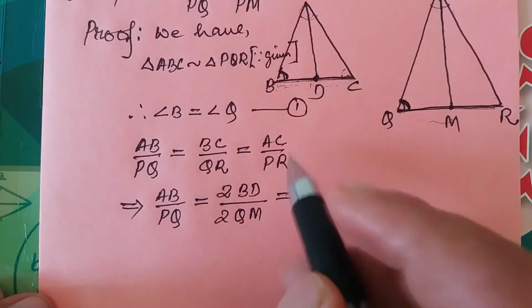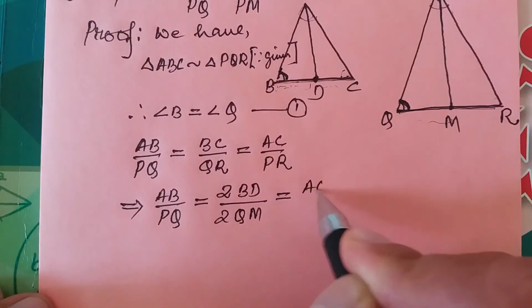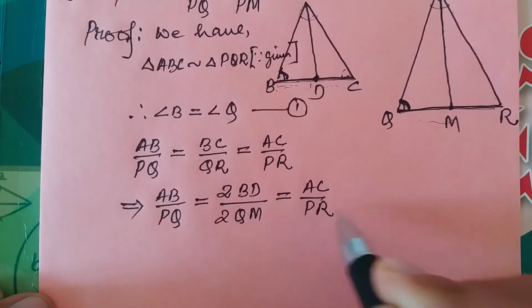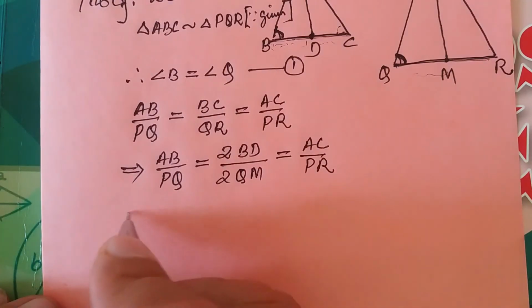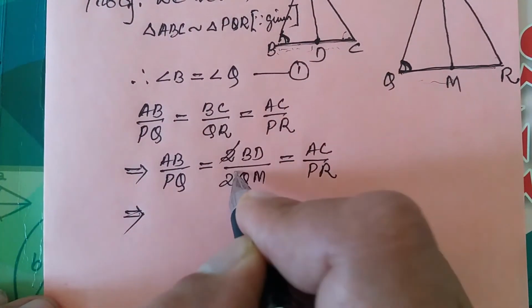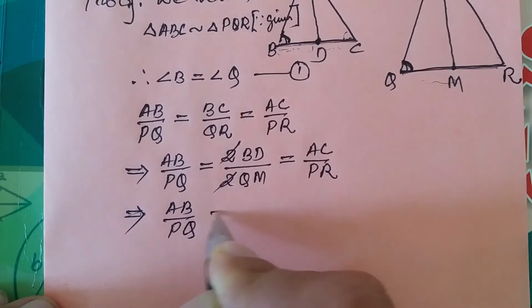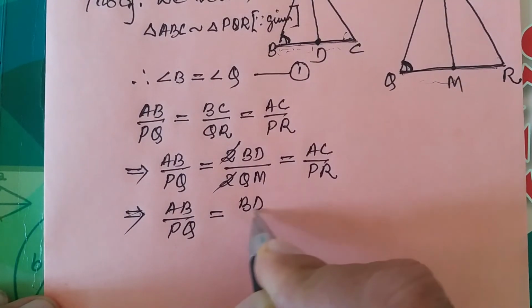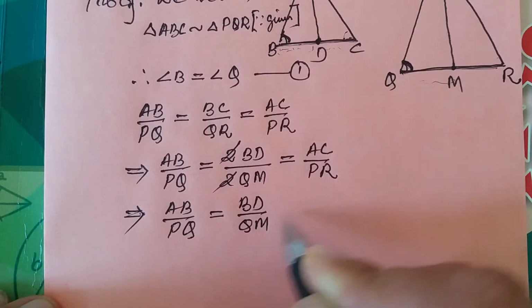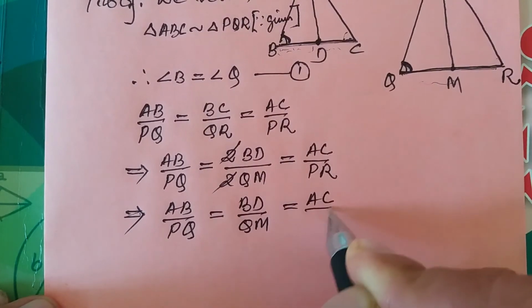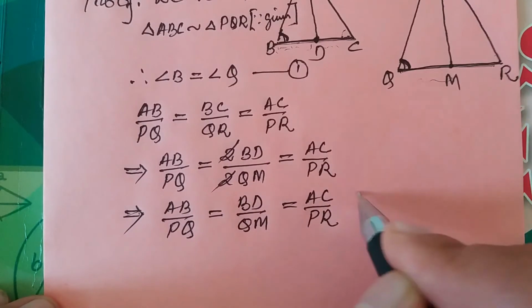This is equal to AC by PR. Now here 2 cancels, so AB by PQ is equal to BD by QM is equal to AC by PR. Now let's call this 2.